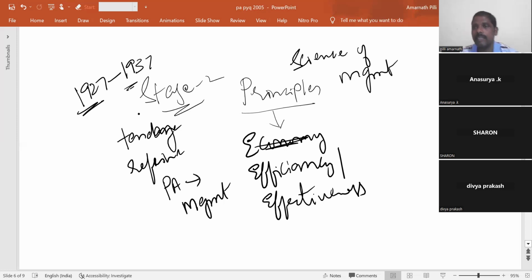In fact, the boundary line that separated public administration from management was very thin, and there is no specific boundary.